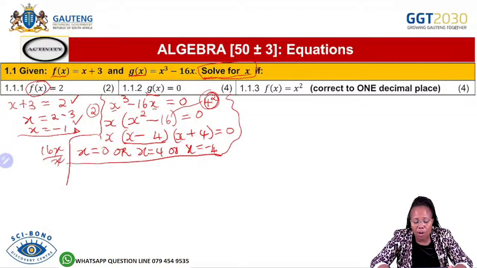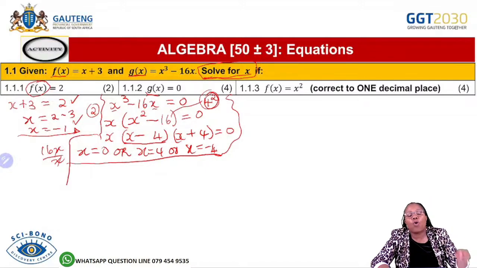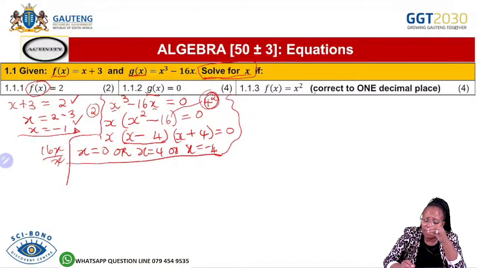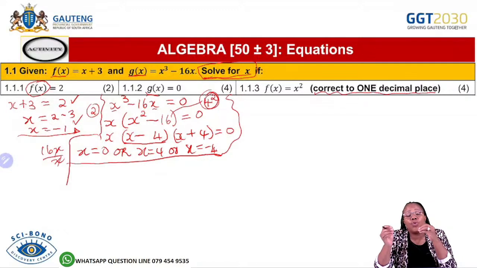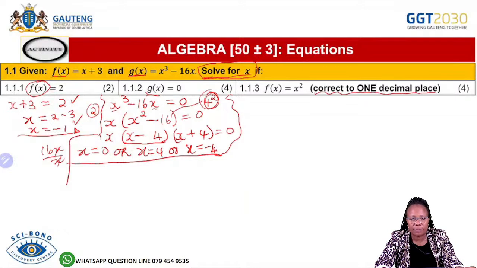And then now 1.1.3, we are given f at x is equal to the x squared, and then they say correct to 1 decimal place. The minute, grade 12, there is this message here, it is automatically telling you that this quadratic equation does not have factors, so you are forced to use a quadratic formula.